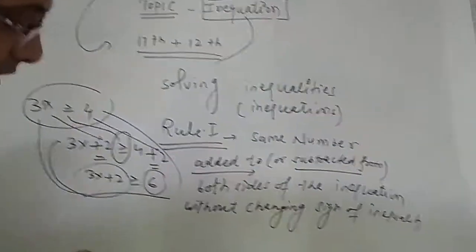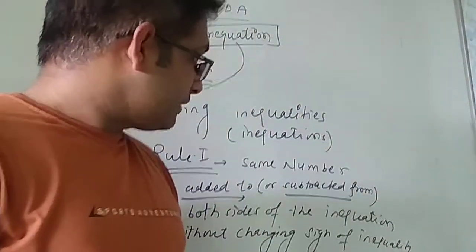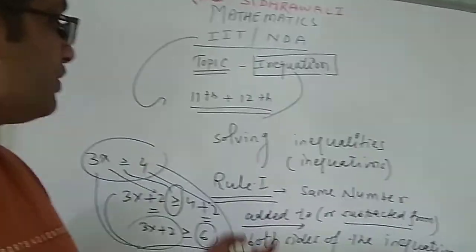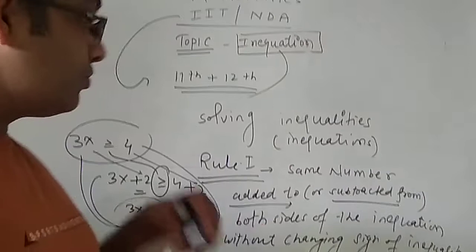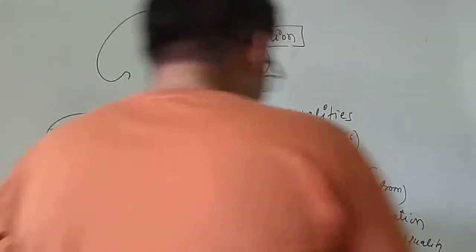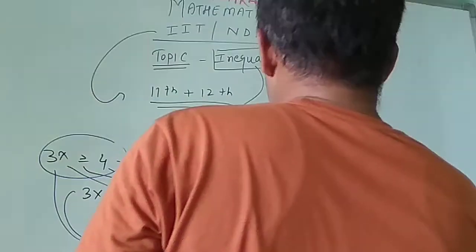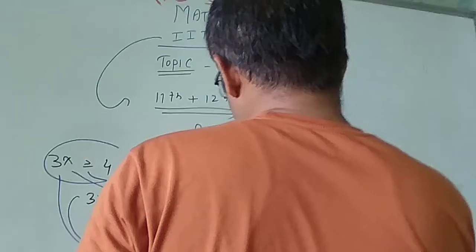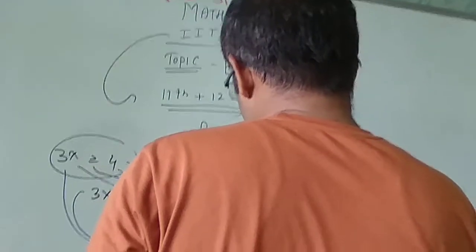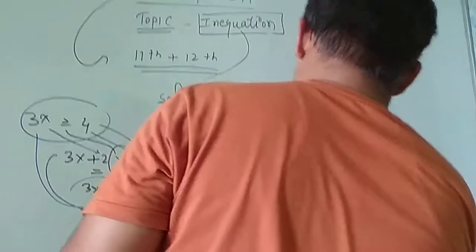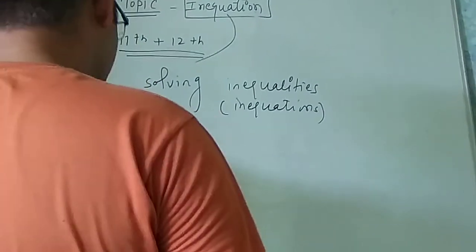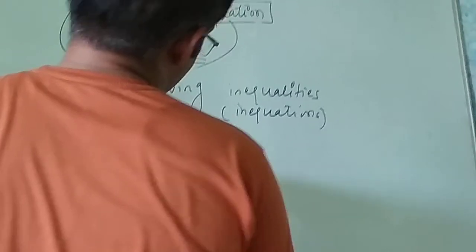So we can add or subtract from both sides without changing the inequality sign. This is our first rule to solve the inequation. Now rule number 2.